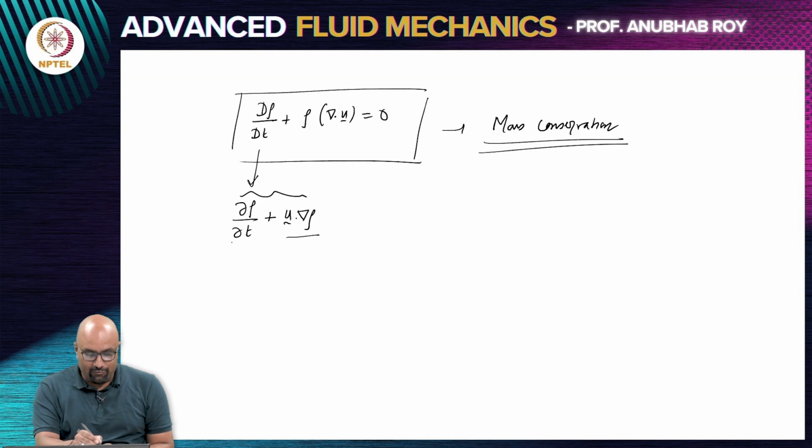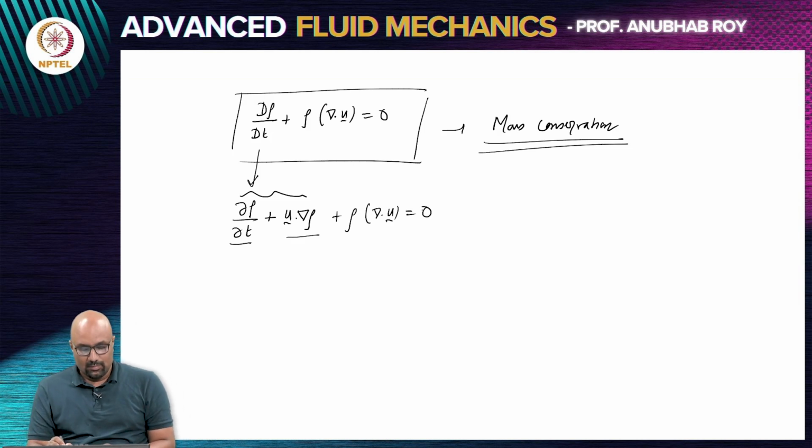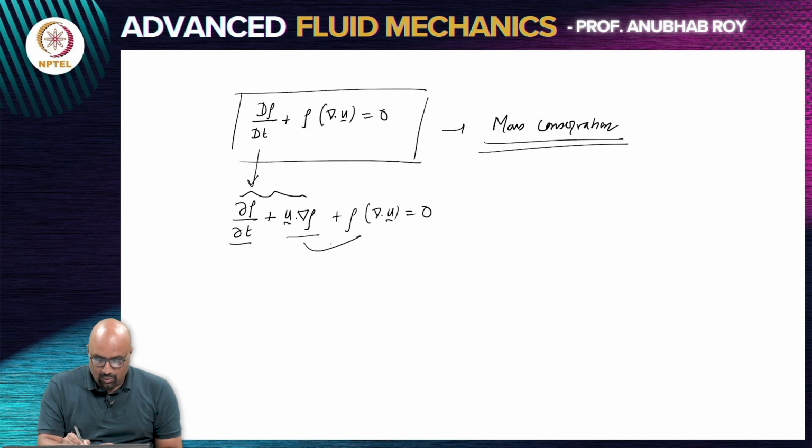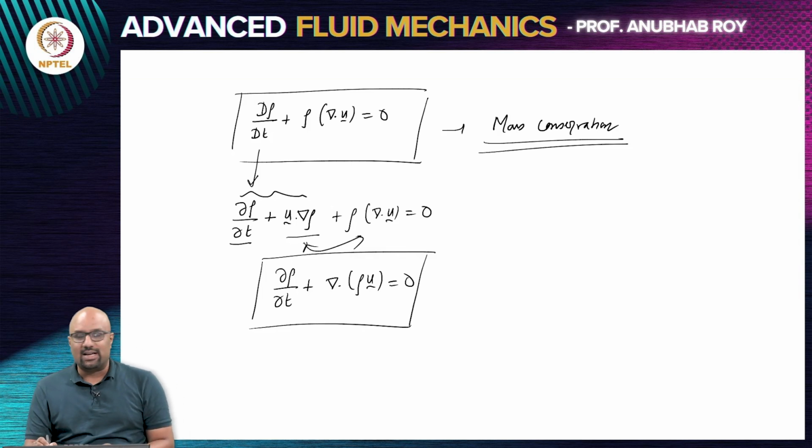So, there is an advective component and then there is an unsteady component, plus rho divergence of u is equal to 0. So, now if you were to combine these two, the mass conservation statement takes the following form. Partial rho partial t plus divergence of rho times u is equal to 0.